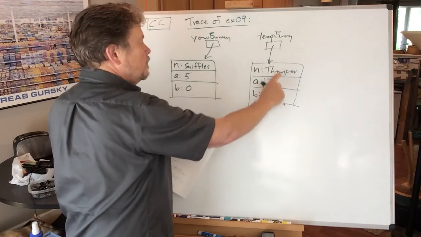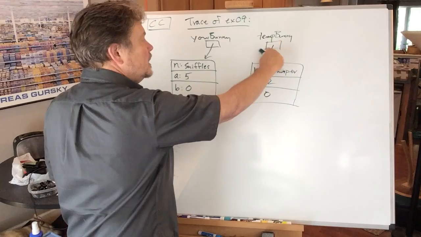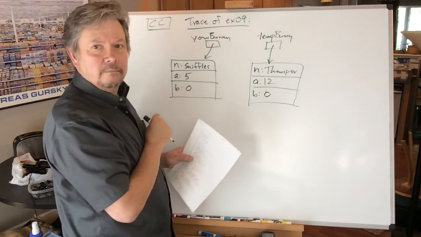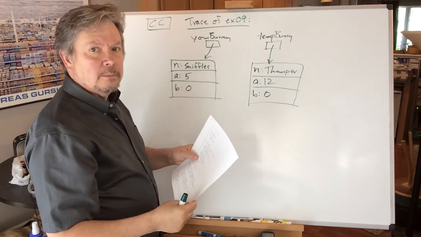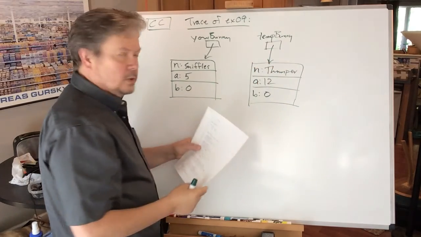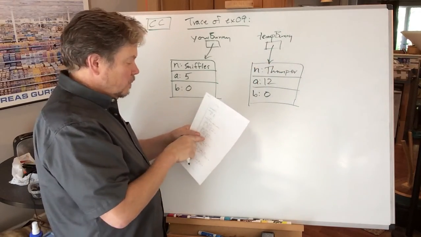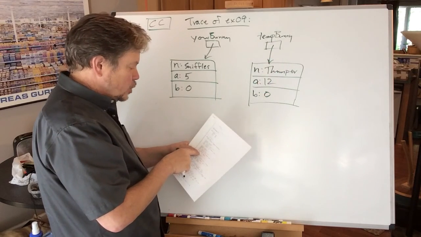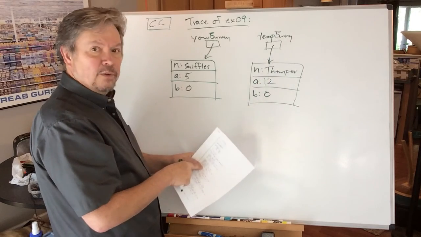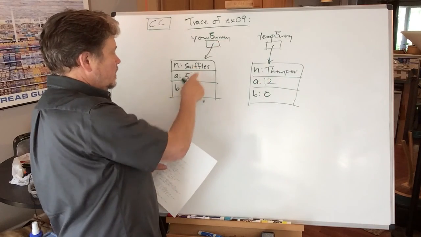Temp bunny is a pointer to this. So I haven't shown it on our screen up here, but it actually holds some wild and crazy hexadecimal number that is the address of where that structure lives in memory. So that is what's on the right-hand side, the address of this, and we're putting it at your bunny arrow BFF.